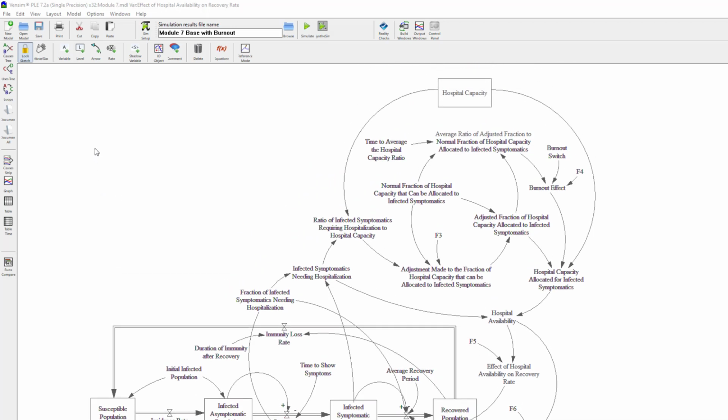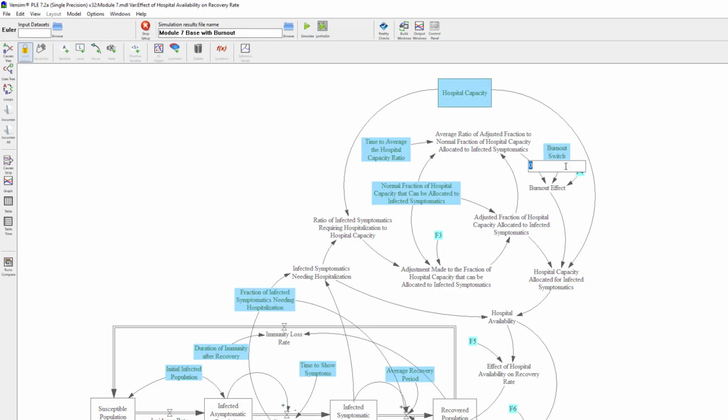Make sure that you run the Module 7 base, and then also run the Module 7 with the burnout switch turned on. By default, the burnout switch is set to 0, but if you change that to 1, then you are actually activating this burnout part of the model.